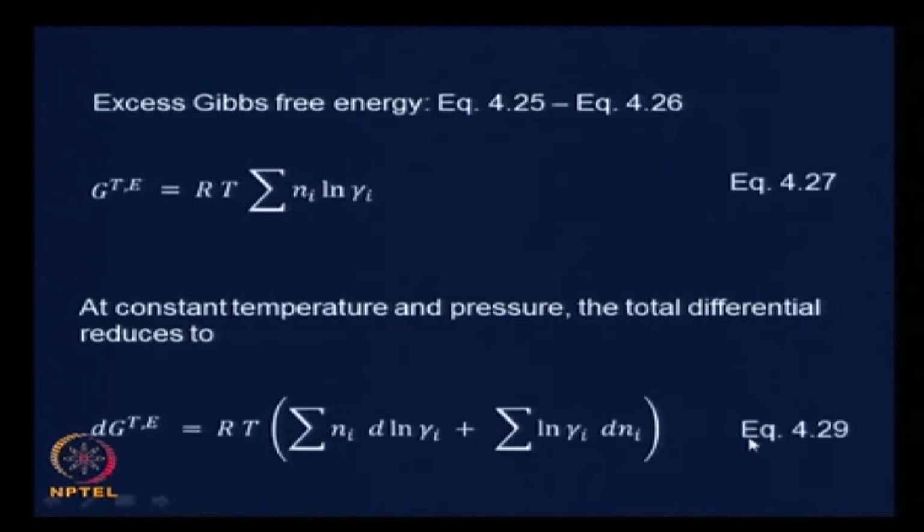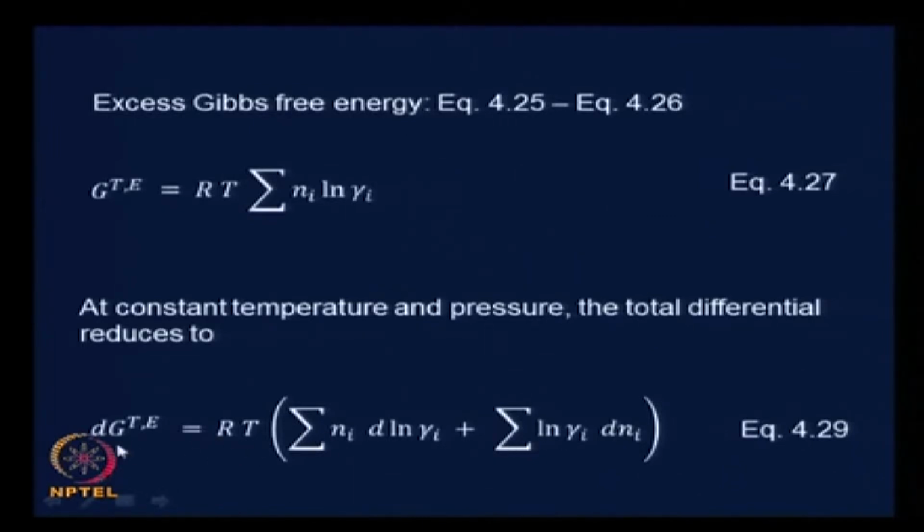This was equation 429, and if you remember this is dGTE equals RT times sum over ni d ln gamma i plus sum over ln gamma i dni, and we went through an extended derivation to show that the first term is actually 0, and therefore dGTE equals RT sum over ln gamma i dni.